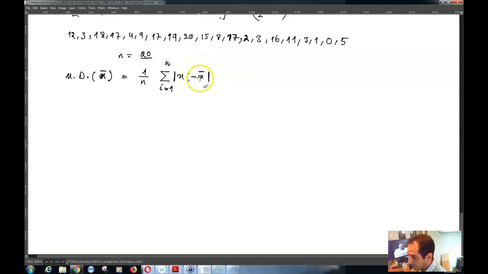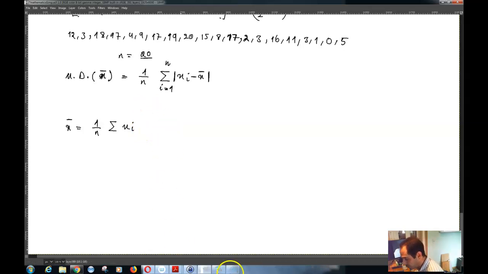And so if I want to calculate x bar over here, you know that x bar is equal to 1 over n sigma x sub i. That means that you add all of these numbers together and then you divide it by the number of those numbers, which is 20.